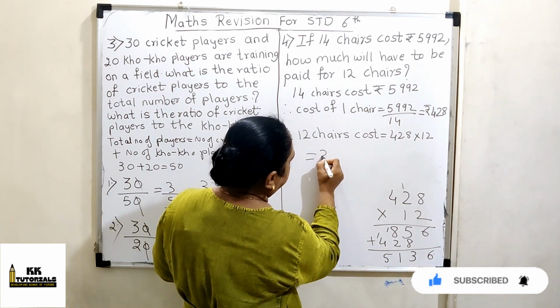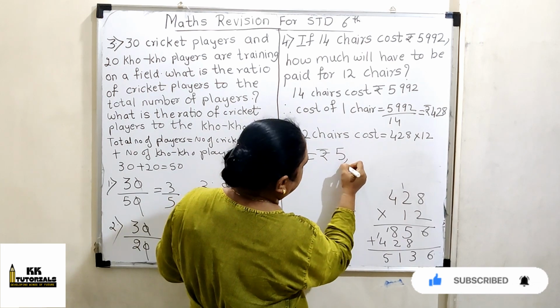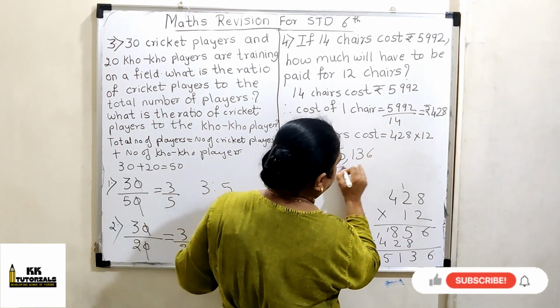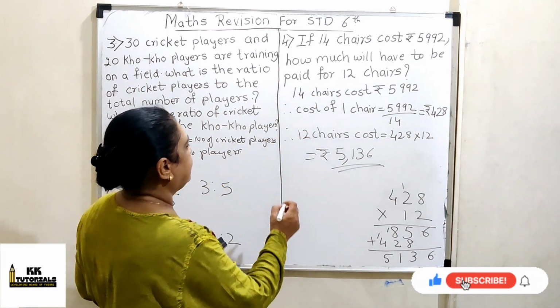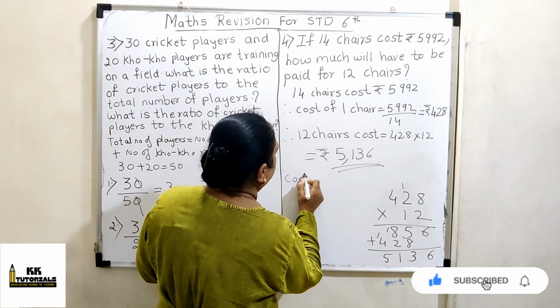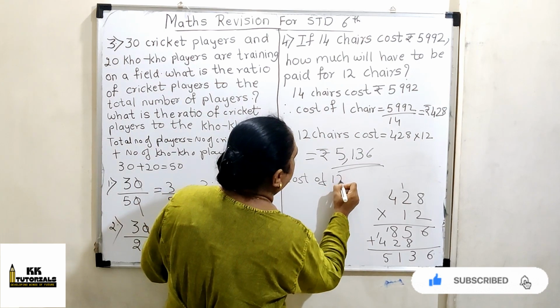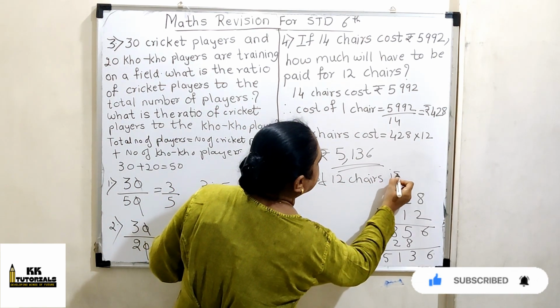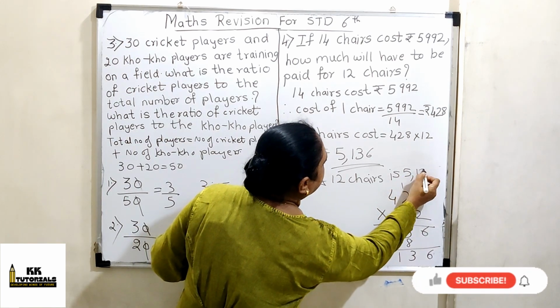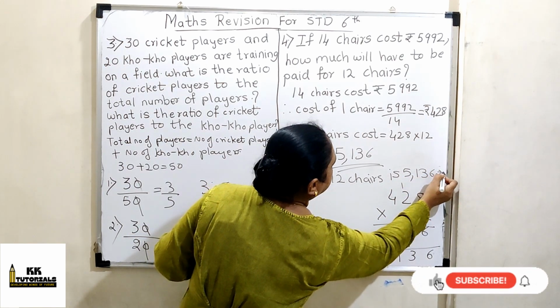So it's rupees 5,136. Okay. The cost of 12 chairs is 5,136 rupees.